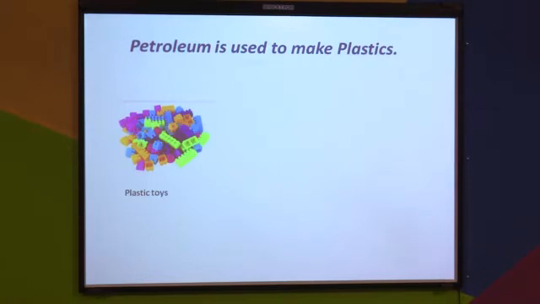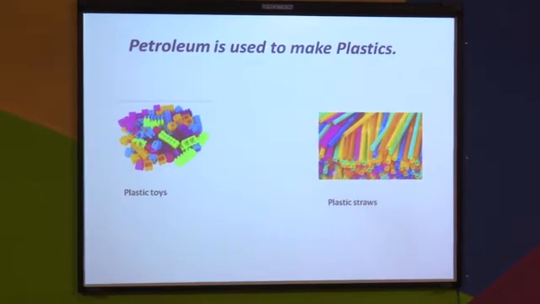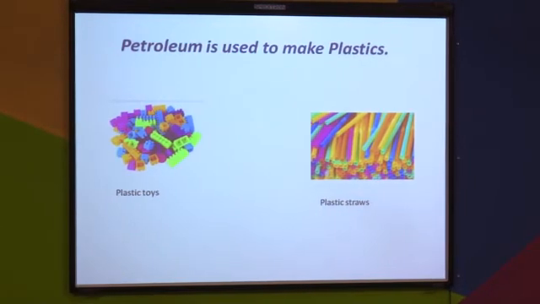Toys are made up of plastics, and you can see also the straw. Not only toys and straws, we make several things like nylon cloths, ropes, bags, TV and radio cabinets, parts of cars and many other things with the plastics.